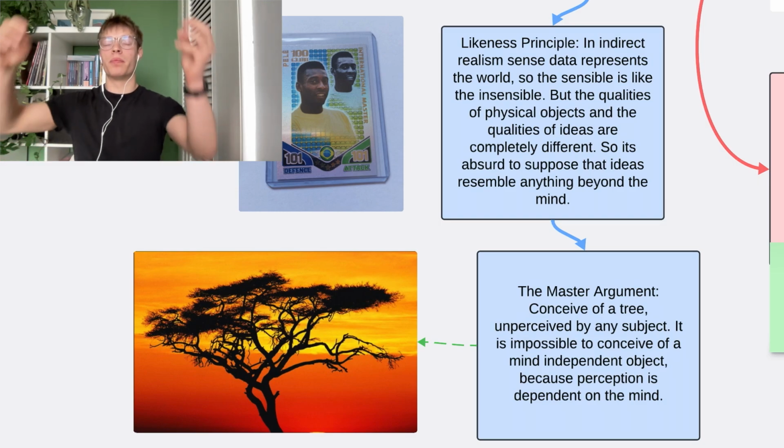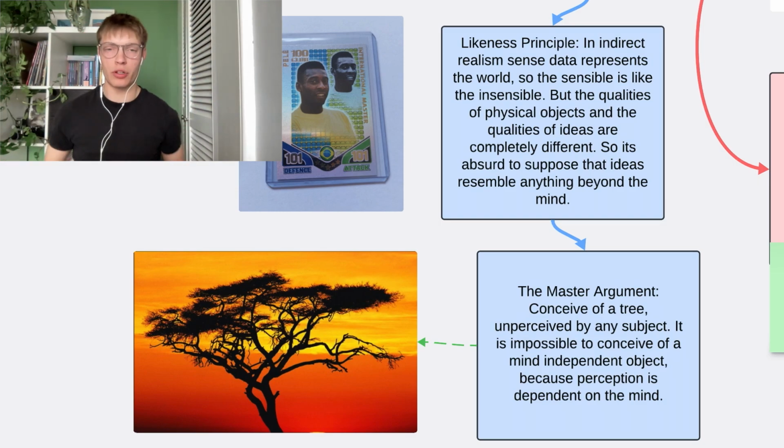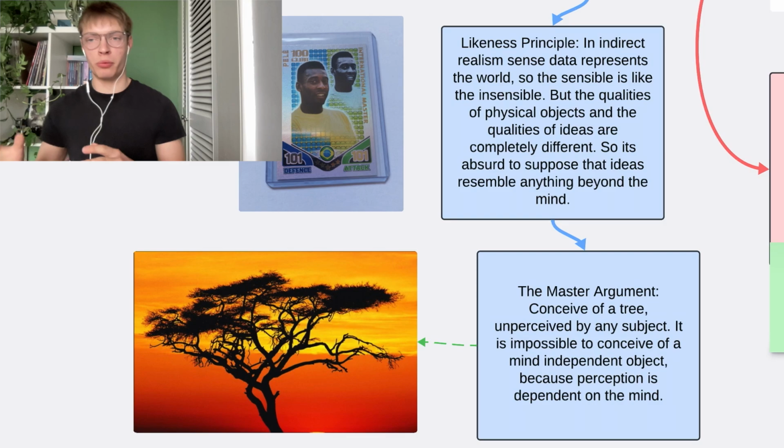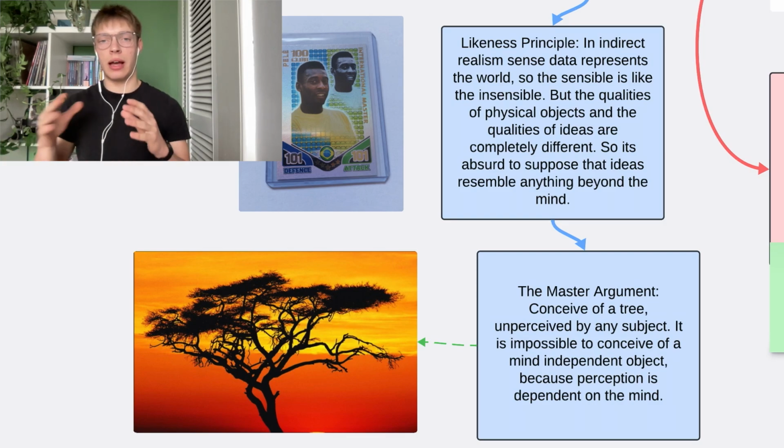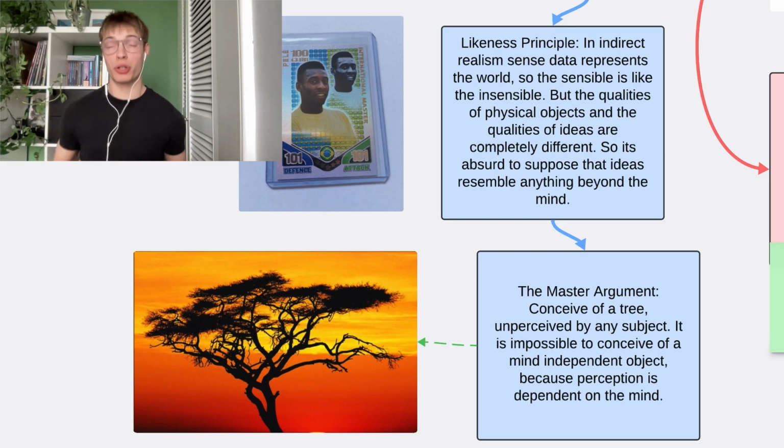Now, in your mind, you need to conceive of a mind-independent object. That's the master argument. In your mind, you need to conceive of a mind-independent object. And that's impossible. It is impossible to think of a mind-independent object. Why?